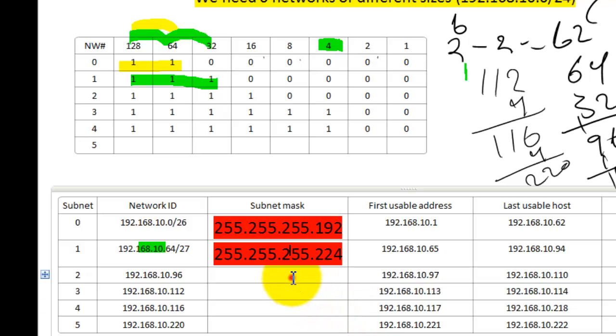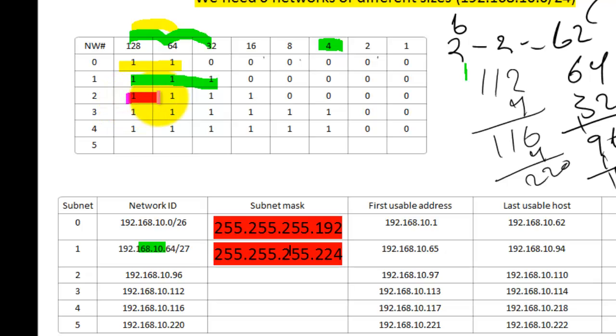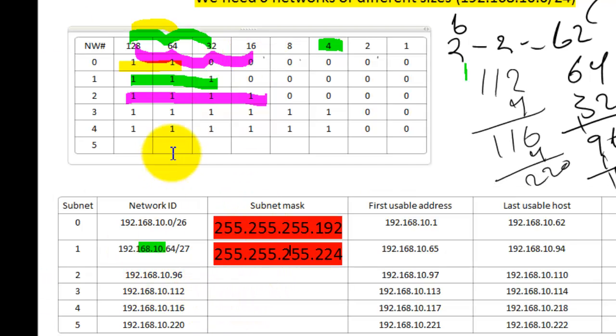And now let's do this one here. Let's do the purple. So 1 2 3 4, right? Now this one here is 128 plus 64 plus 32, which is 224, plus 16. It will be 240. And we borrowed how many bits? 1 2 3 4.